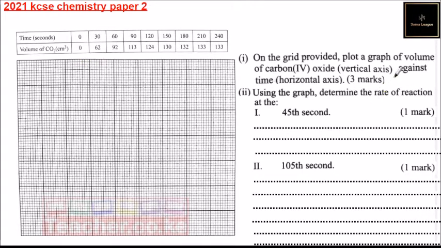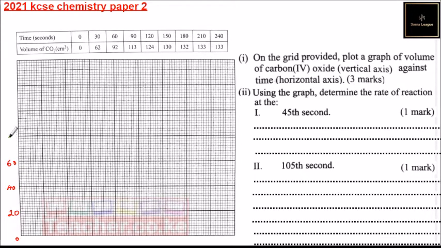Since the volume is on the vertical axis or the y-axis, it is from 0 to 133. So if you put 20 here, 40, 60, 80, 100, 120, 140, that scale will be able to work.